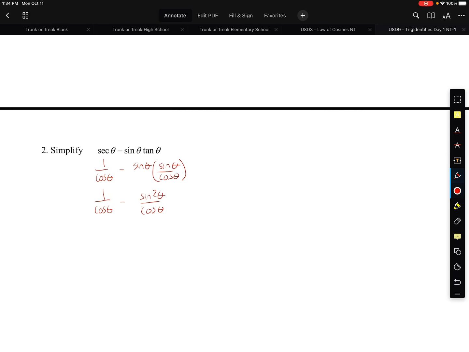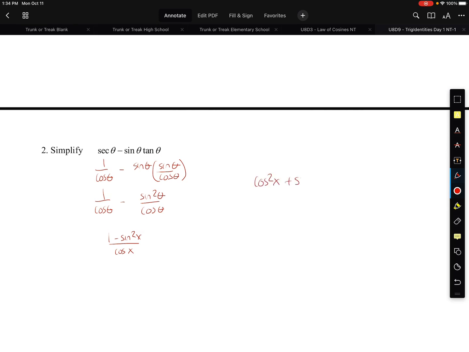Lucky me, in this scenario here, by working it out this way, I have my common denominator. So since I have my common denominator just given to me, I can combine this. All right, so I took it from 2 separate pieces into 1. All right, what can I do now?